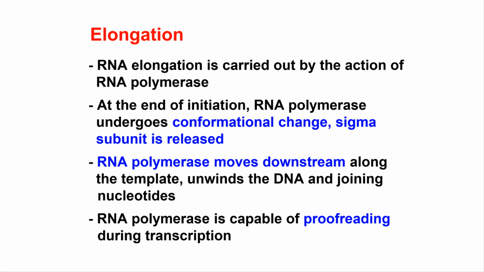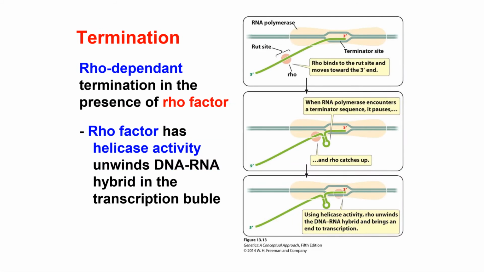And similarly to DNA polymerase, RNA polymerase has the capability of proofreading. Proofreading ensures that the RNA sequence is complementary to the DNA template, so it assures proper transcription of the DNA template.